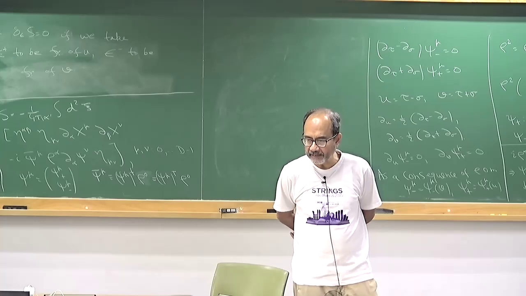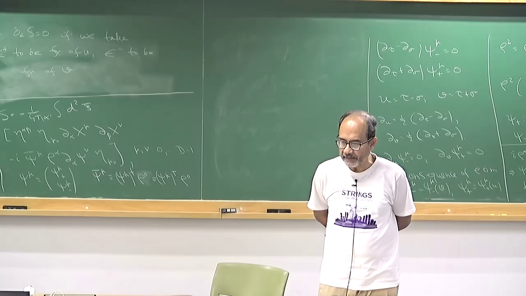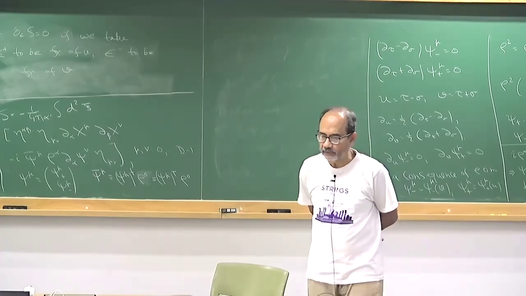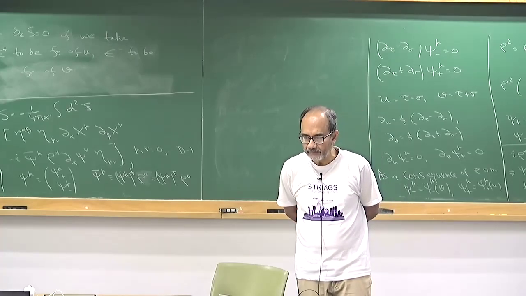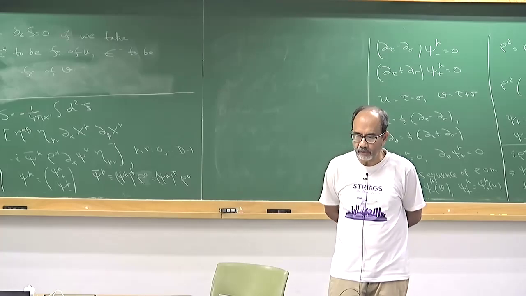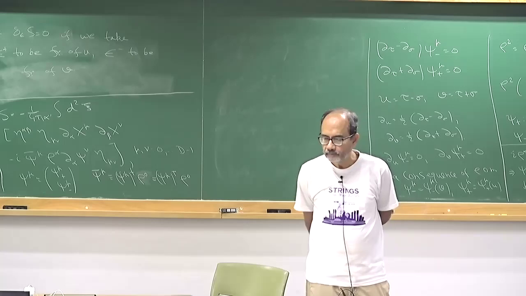Just like in that case, you could take u to be an arbitrary function of u, and that was still a symmetry. As an infinitesimal transformation, it was u going to u plus epsilon of u. So the infinitesimal transformation parameters are functions of u, and there is another set of infinitesimal transformations which are functions of v.